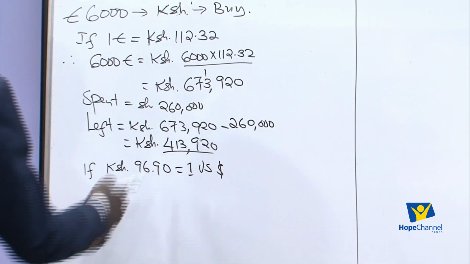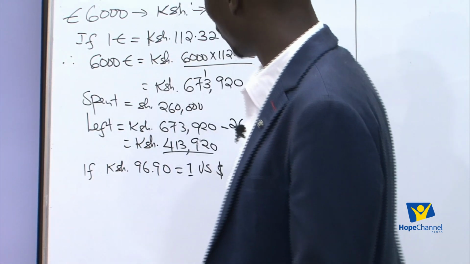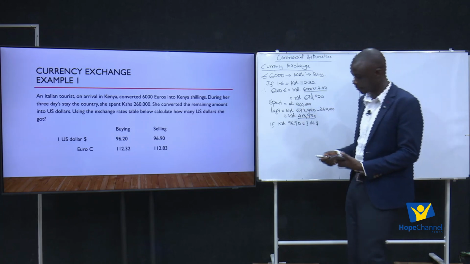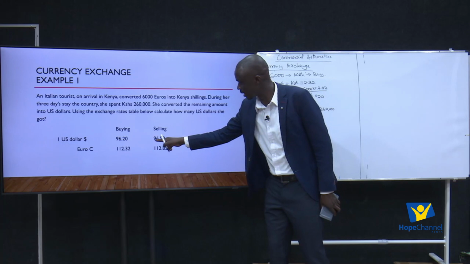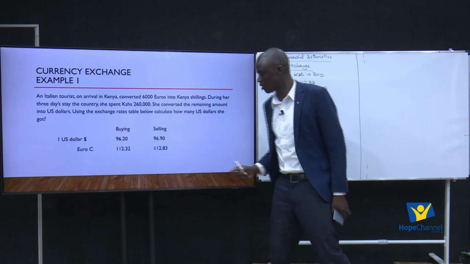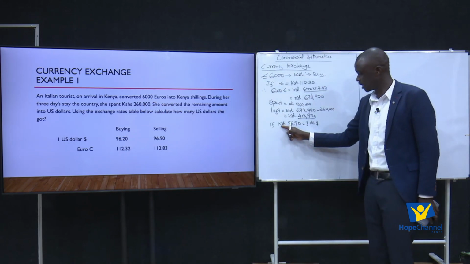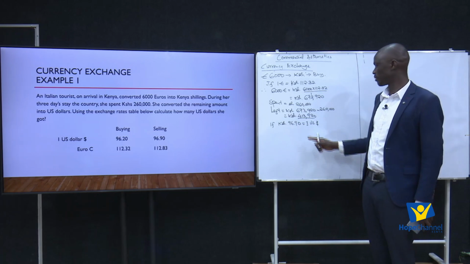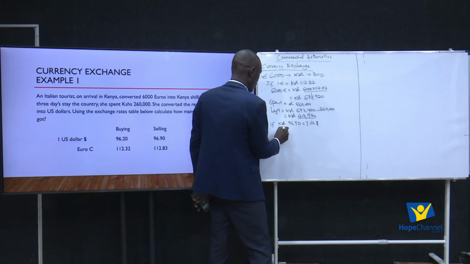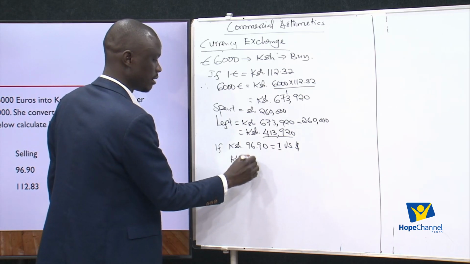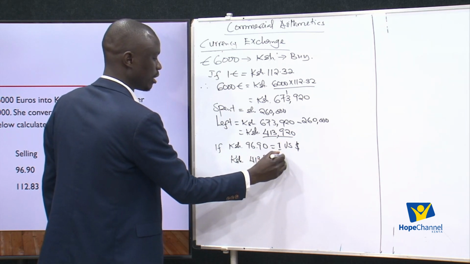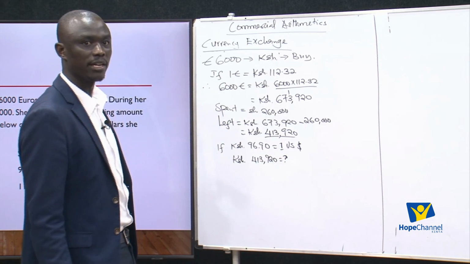Yeah, we are converting the shillings. So we start with the shillings. You know, that is the arrangement. We want to convert these shillings. So we are going to ask ourselves, if the bank is selling 96.90 shillings for $1 US, then what about 413,920 Kenya shillings?